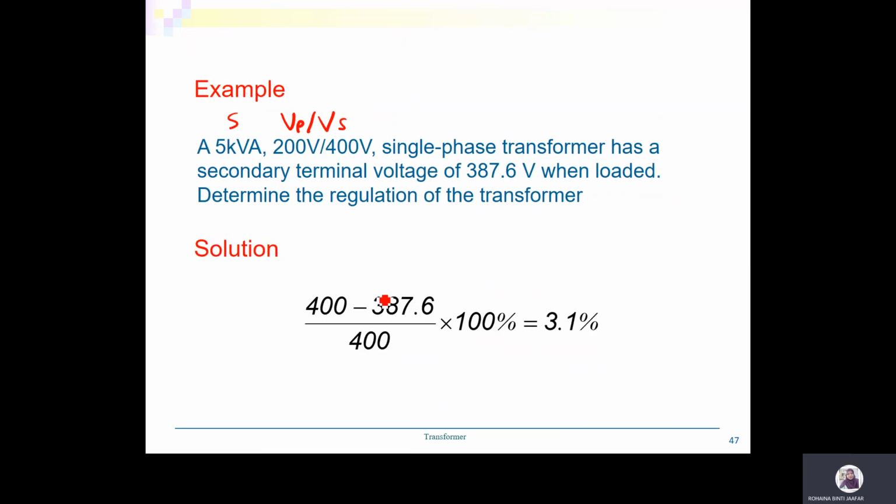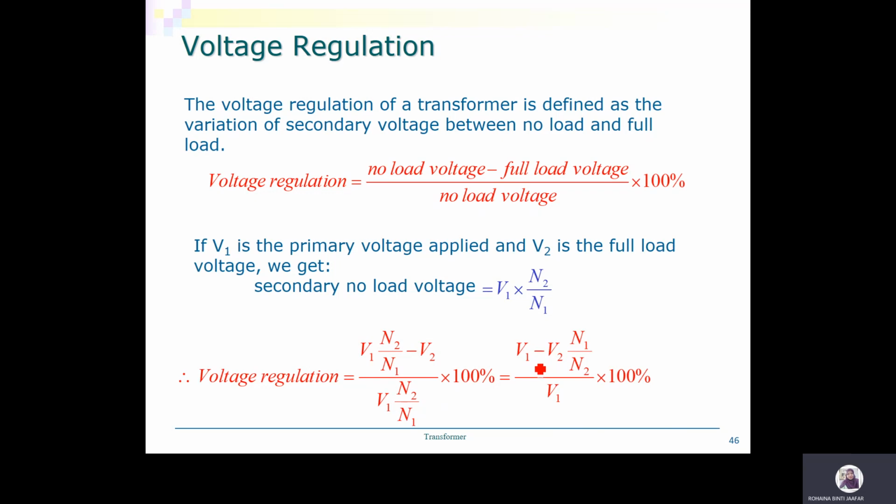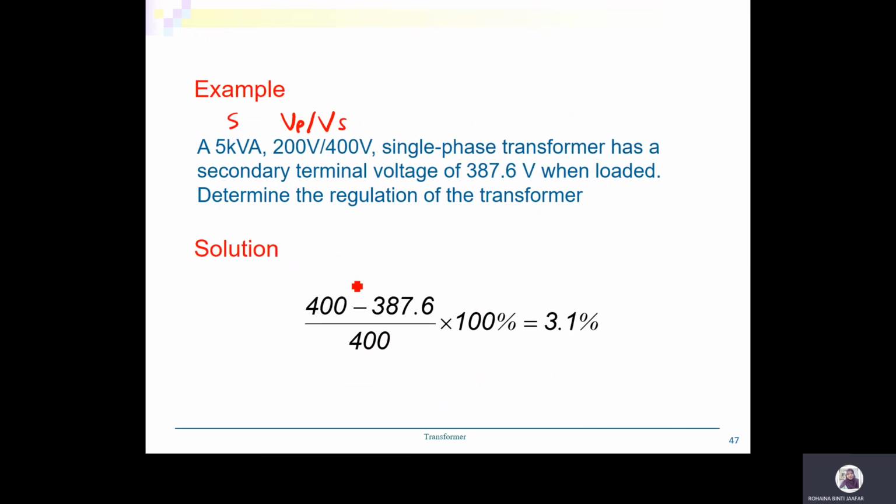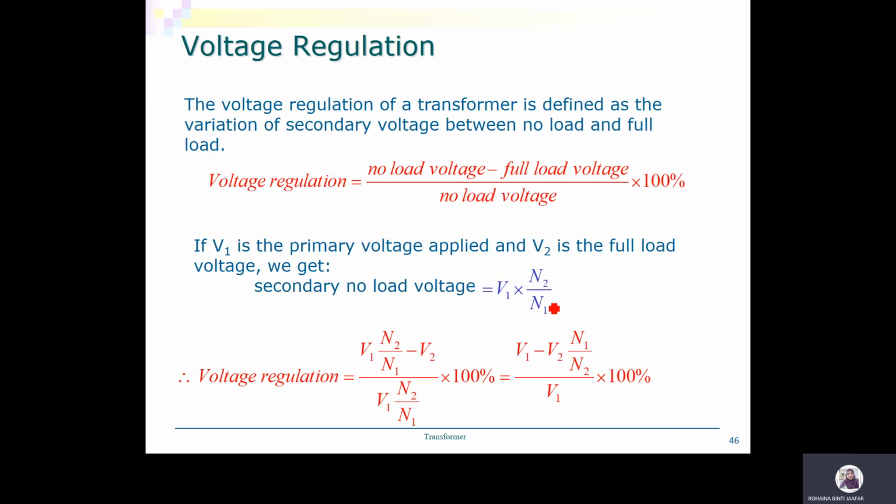The terminal voltage is already given when loaded.